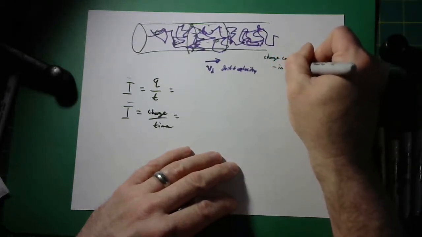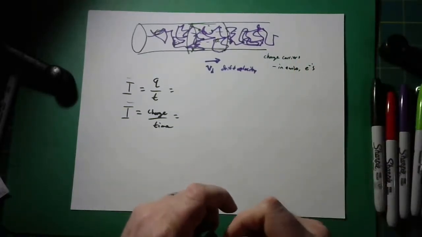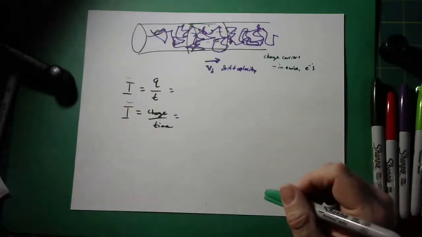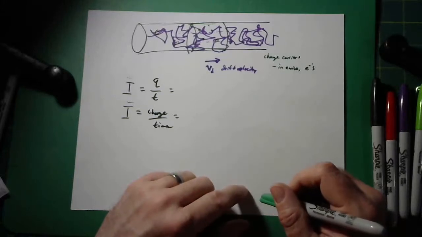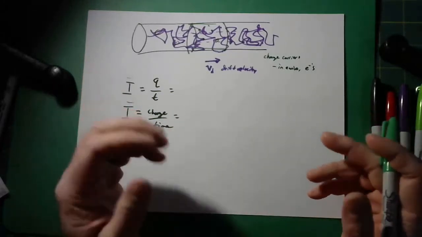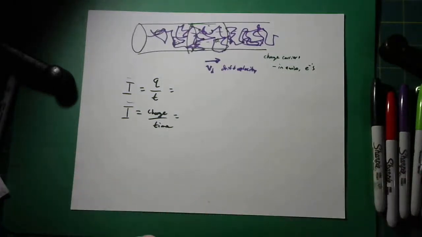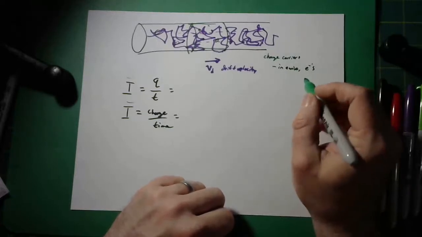In a wire, these are electrons. But any kind of charged particle can be a charge carrier. We could have ions in a fluid. We can have charged particles in a plasma. We could have a particle accelerator, where we're talking about how many ions are getting accelerated through it per second. But anyway, the charge carriers can be all kinds of different particles. It's not always electrons is what I'm saying.